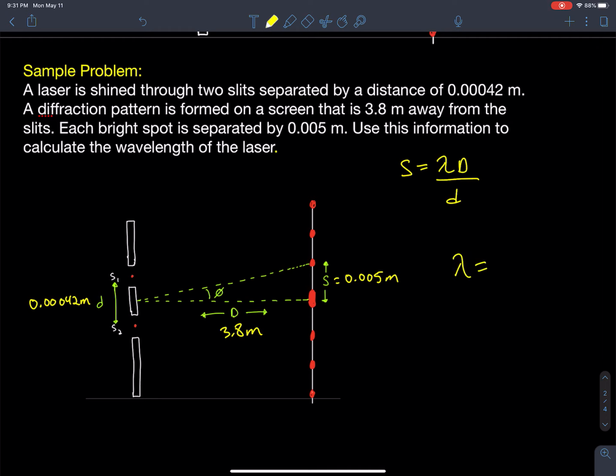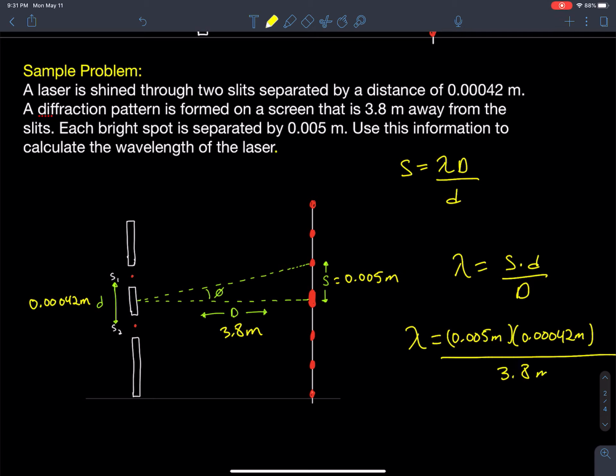Lambda is equal to S times little d over big D. The wavelength of my laser is going to be 0.005 meters times 0.00042 meters divided by 3.8 meters.